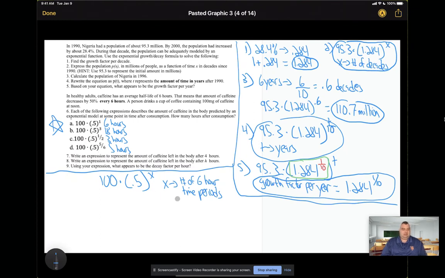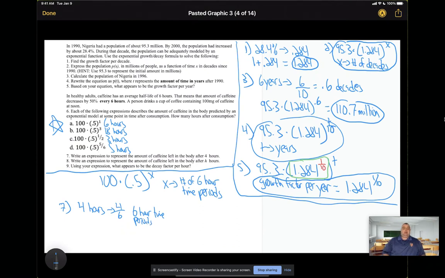So number 7, I'm going to do down here. Write an expression to represent the amount of caffeine left in the body after 4 hours. So I have to convert 4 hours to the number of 6-hour time periods, so I have to divide that by 6. 4/6 6-hour time periods.